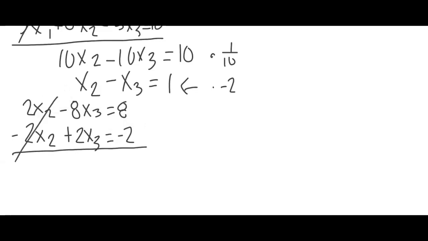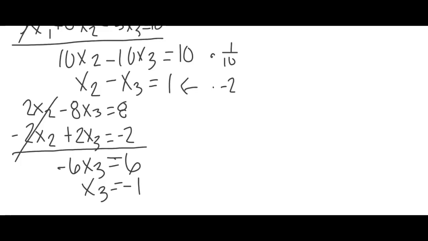Here we're going to get those to cancel. So I get -6x3 equals 6. And so I get that x3 must be -1.